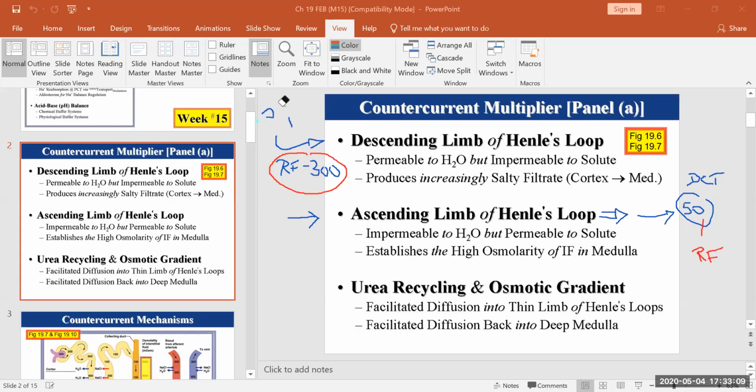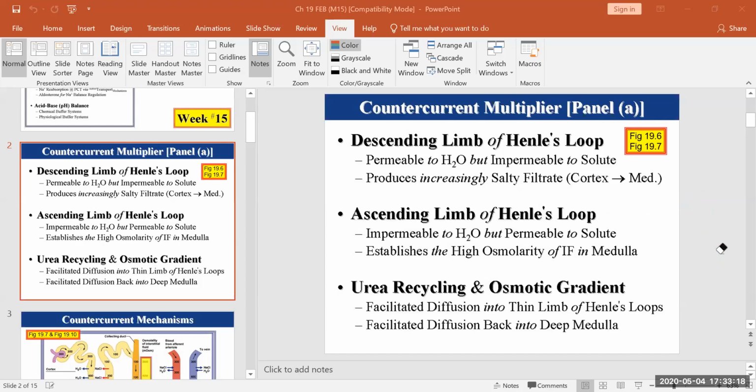There's one more thing in addition to this, and surprisingly, the kidneys rely on a waste product. When we catabolize our protein, we generate nitrogen. The main source for nitrogen disposal is in the form of urea.